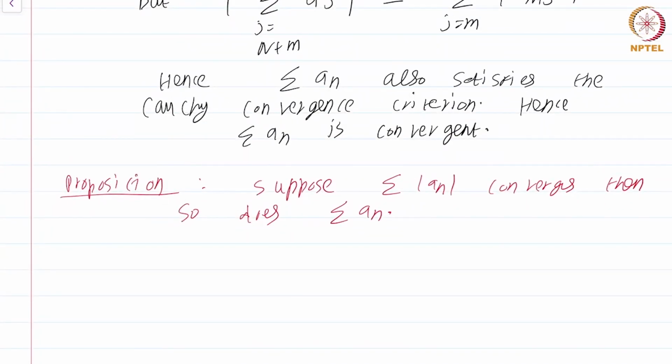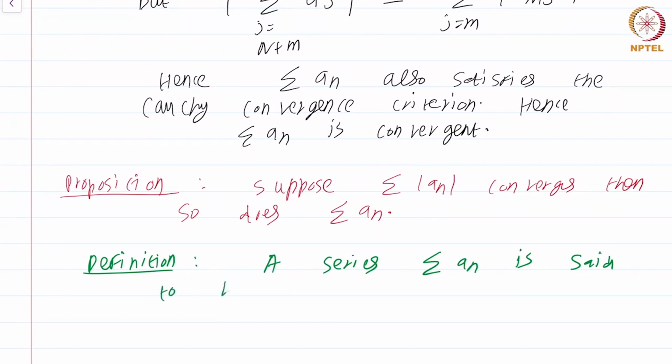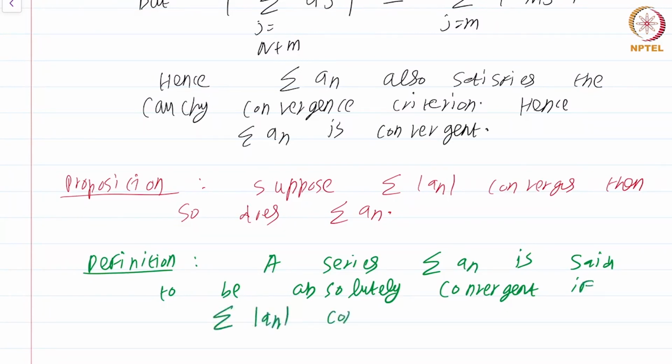So this prompts the following definition. A series summation an is said to be absolutely convergent if summation mod an converges.